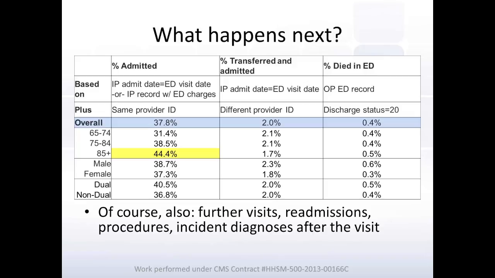A small percentage of these Medicare fee-for-service enrollees die in the emergency department itself. I should note that doing the analyses for admitted and transferred this way may count some true transfers as same location admissions. Beyond that, of course, we can look at ambulatory or acute utilization, procedures, incident diagnoses, or health events after the visit as well.